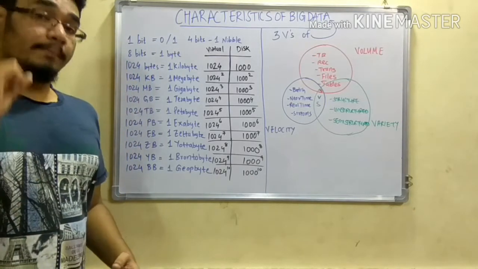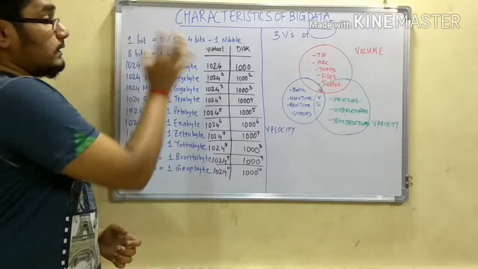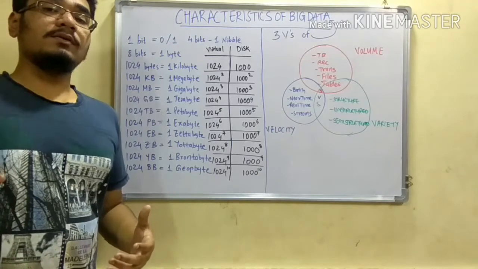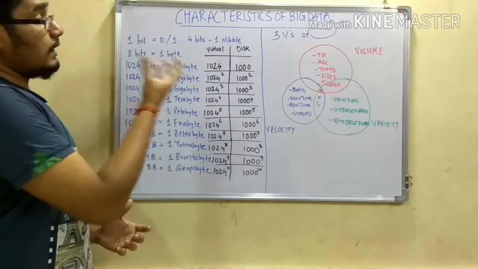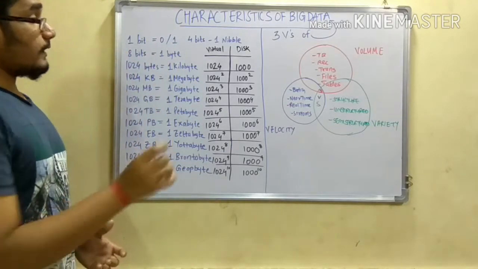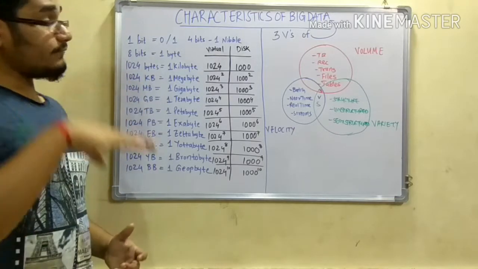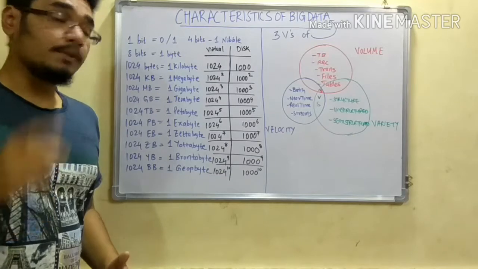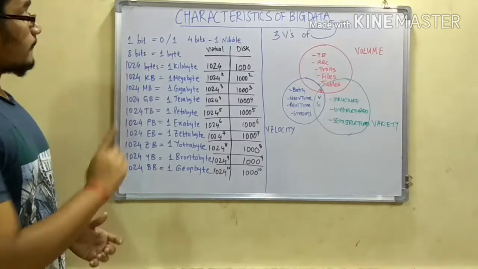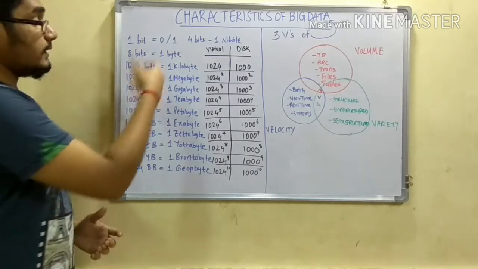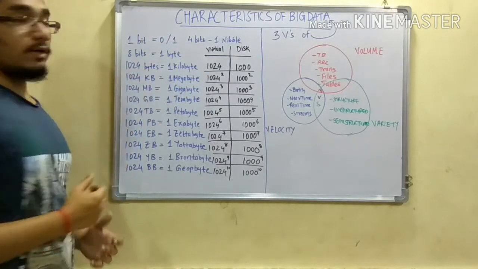Now 4 bits make 1 nibble, that is, when 4 bits are arranged, like 0100, it makes 1 nibble. Now 8 bits form 1 byte, or we can say 2 nibbles form 1 byte. Next we go from bytes to kilobyte, megabyte, gigabyte.